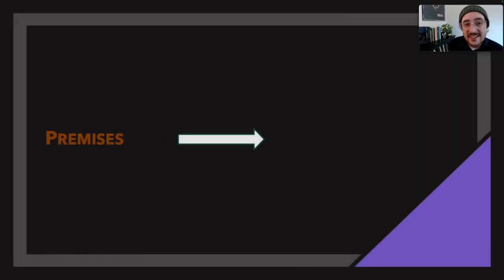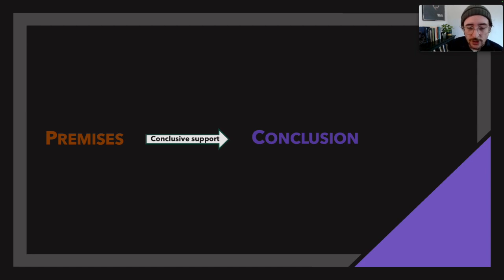So notice that the difference between these two kinds of standards involves how we try to evaluate that supposed connection between the premises and the conclusion. When we use deductive standards, we're trying to determine whether or not the premises provide conclusive support to that conclusion. But when we move to inductive standards, we are thereby trying to decide whether the premises provide probable support.